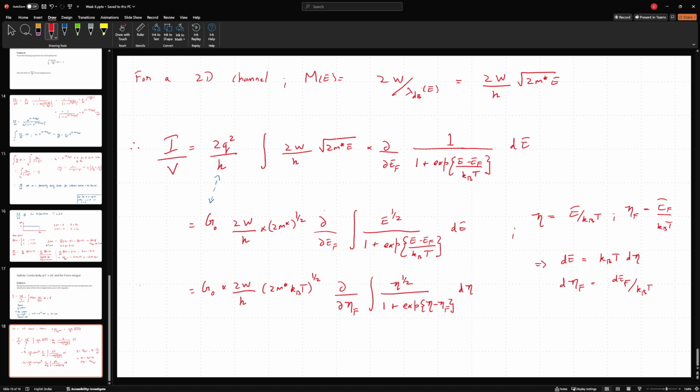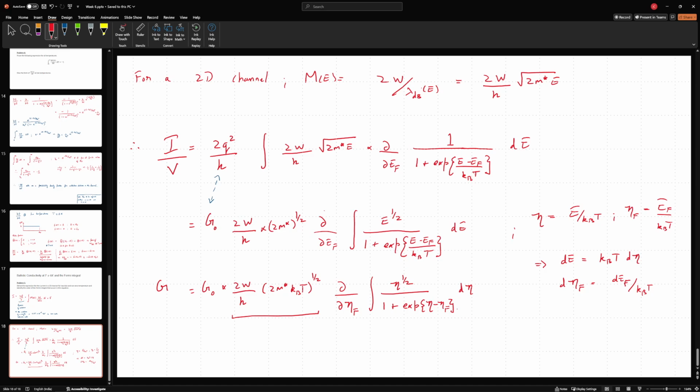So this is the conductivity G of the 2D channel. All of these are the constants. So this is the quantum of conductance. Then we have these constants over here. And then we have this quantity here.